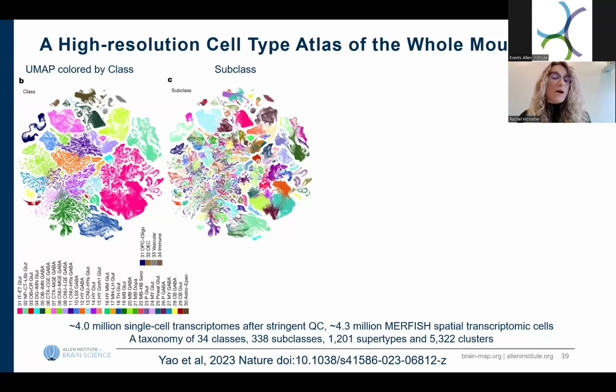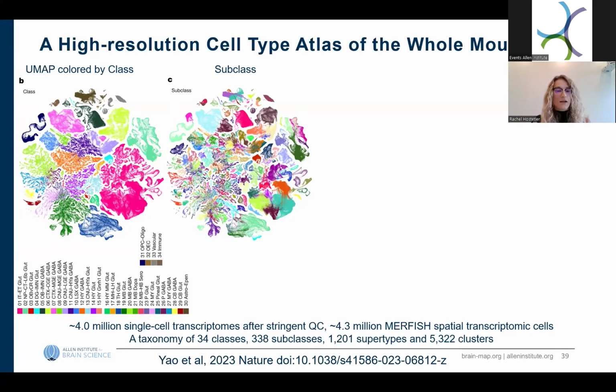And you can color the UMAP by different categories. On the first one, our graph here is showing coloring by class. So the light green cells are one class of cells, whereas our hot pink cells are our excitatory cells. Our light green cells next to them are layer B excitatory cells, and these are different classes of cells.